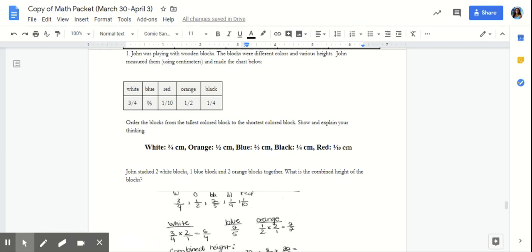So when thinking about putting our fractions in order from tallest to shortest, we can also think about our fractions as decimals. We know how to convert some of our fractions into decimals. We have 3/4. We know that that's 75 hundredths. We know that 2/5 is 4/10.